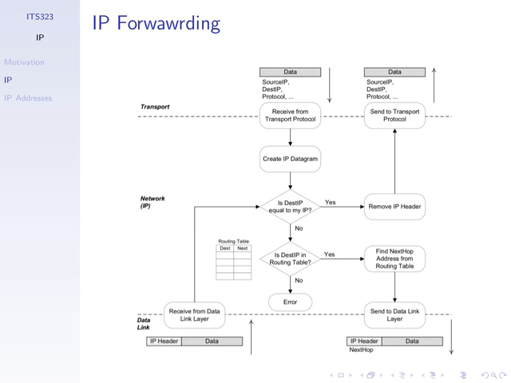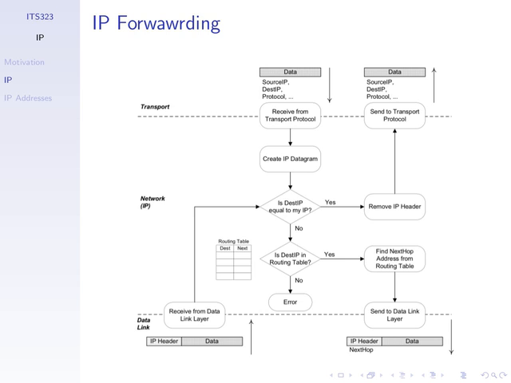Step here, we receive a datagram. Is the destination of this datagram the same as my IP address? Yes. I am host 11. I've received a datagram destined to 11. So yes, I am the destination. So now, remove the IP header, take just the data, and send that data to the higher layer, to the transport protocol.